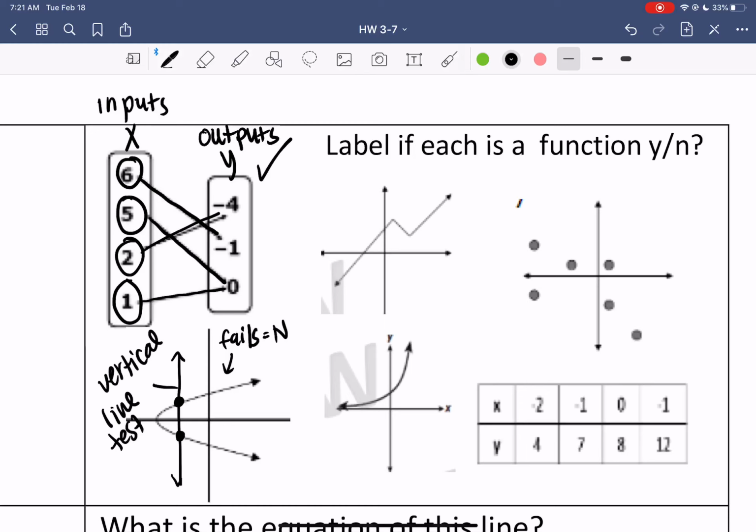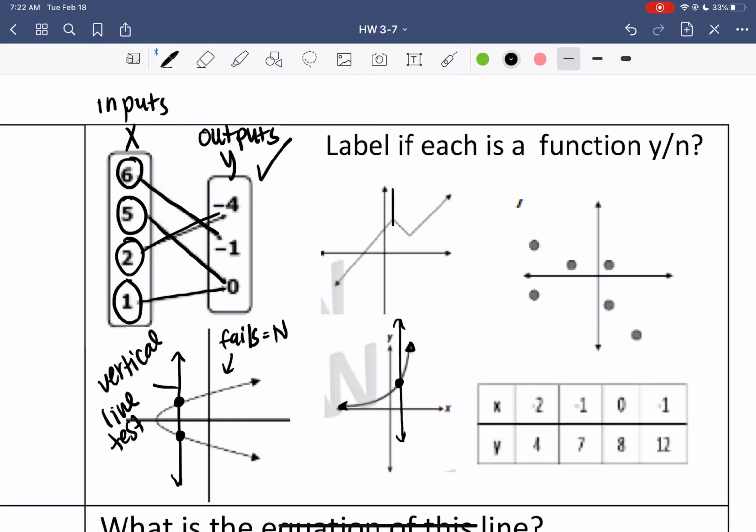These arrows mean that they are continuing in an upward direction, but it is not a straight line. So if I was to draw a line, this would only pass one intersection.